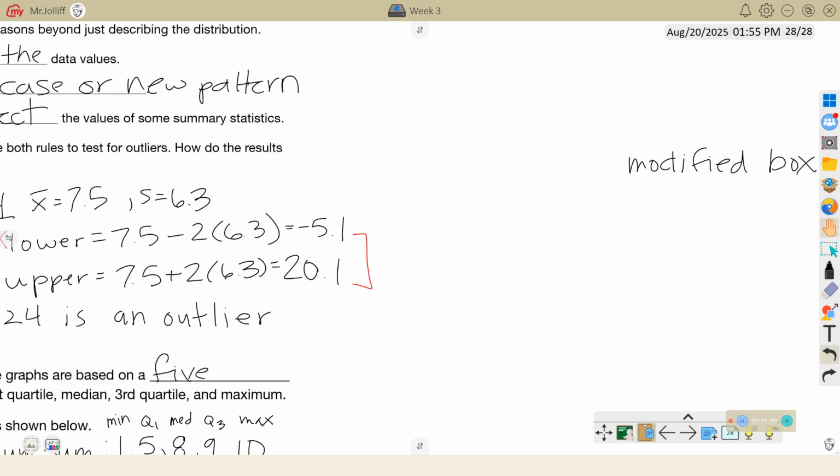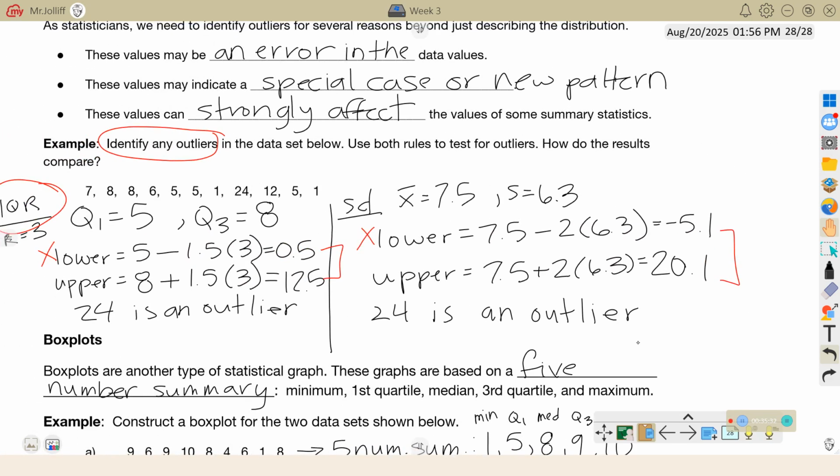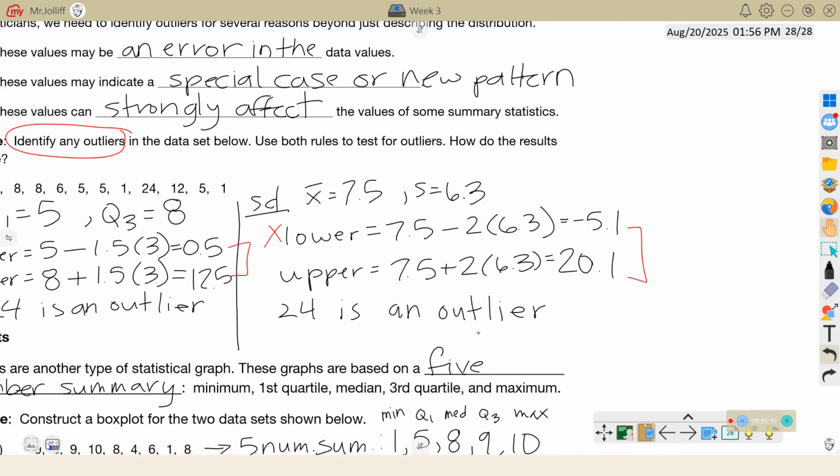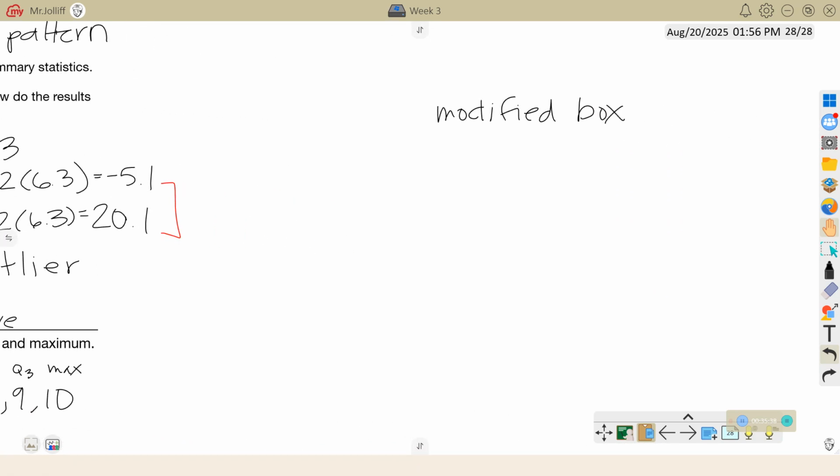So this data set, the min is 1, the max is 24. So I'm going to start a number line that goes from 1 to 24. Not the prettiest graph, but we'll go with it.